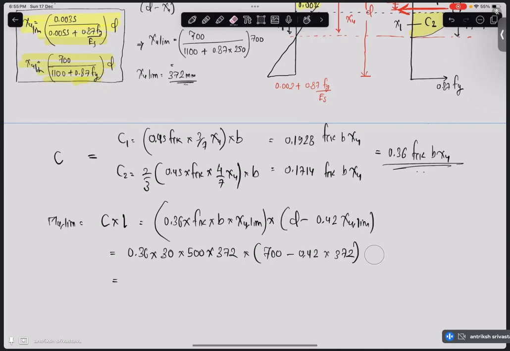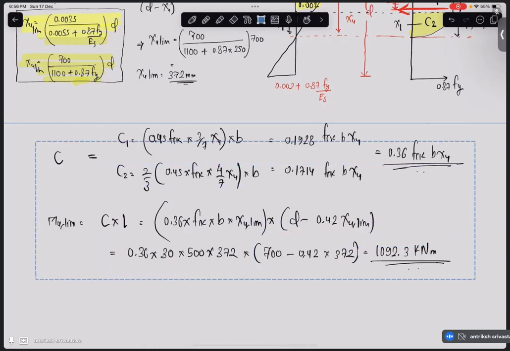Remember that whatever result you get, we have to divide it by 10 power 6 to convert it into kilonewton meter. So 0.36 into 30, 500 into 372 into 700 minus 0.42 into 372. We get a very big quantity, that is 1092.3 kilonewton meter.